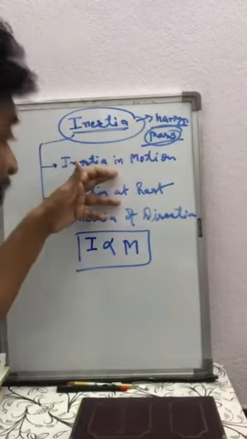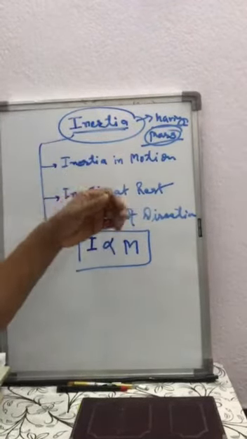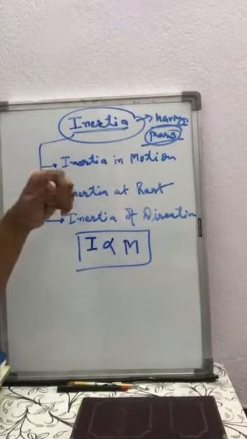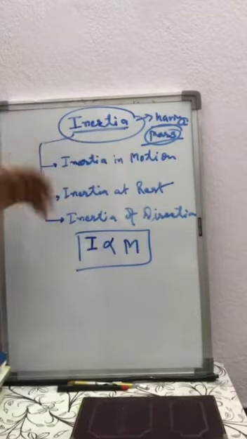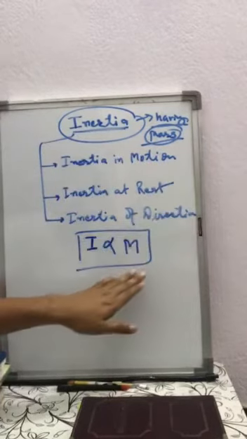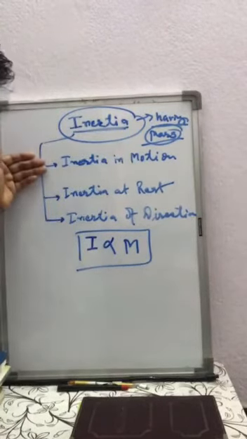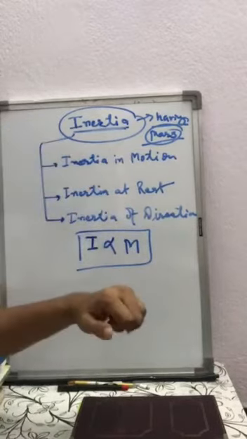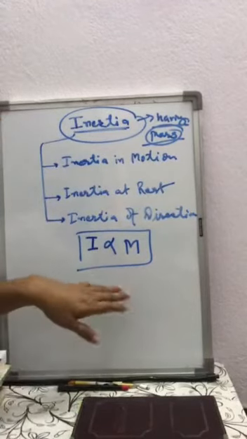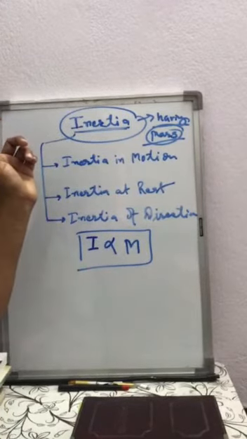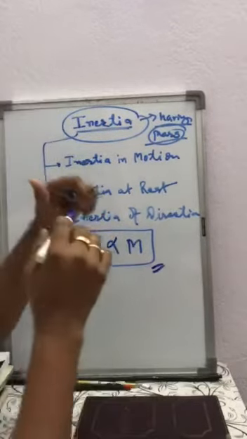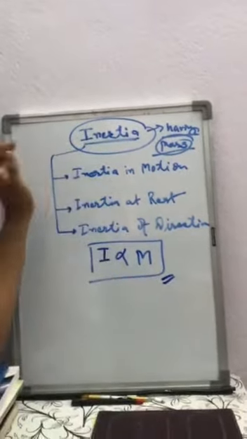If the body is at rest, then when we apply force, the body starts moving slowly or faster. So the main effect of force is just to change the inertia of the body. And inertia plays an important role in rotational motion, which we are studying in class 11th. So for today, this is the last part.